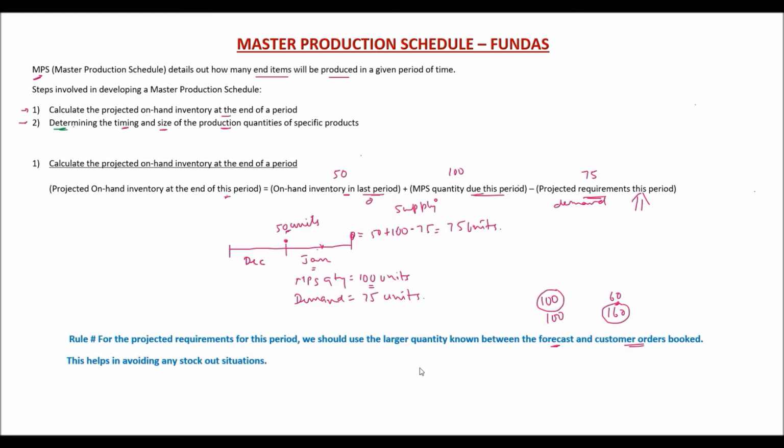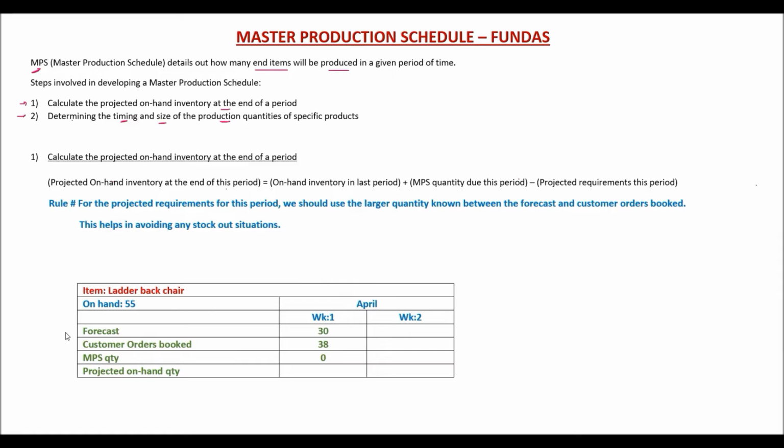Now let's just look at another example. Now in this example, the period is weekly. Let's say the manufacturer of the ladder back chair. So this is one of the types of chairs that the manufacturer produces.